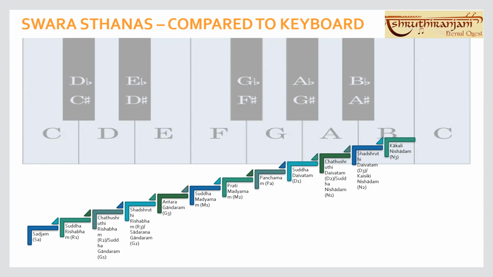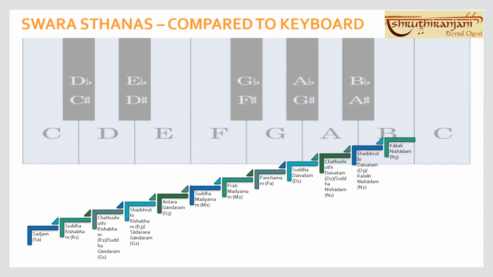They all sound the same. Then when the notes are different and they don't sync, they can be heard separately. When I play, for example, Sa, Ga, and Pa together, Sa, Antara Gandhara, and Panchama, when these 3 notes are played together, you can hear the harmony.